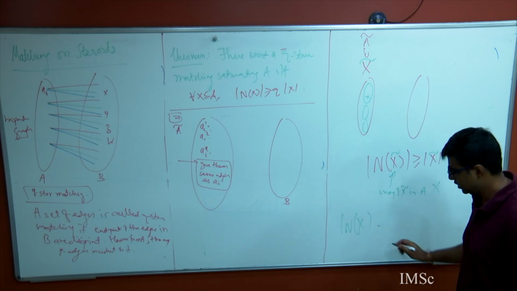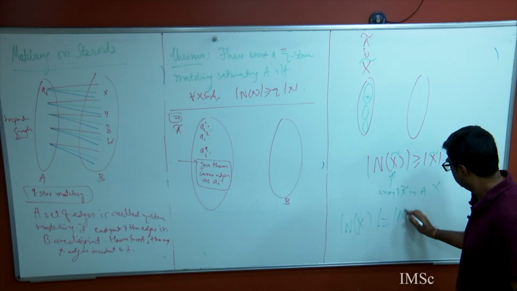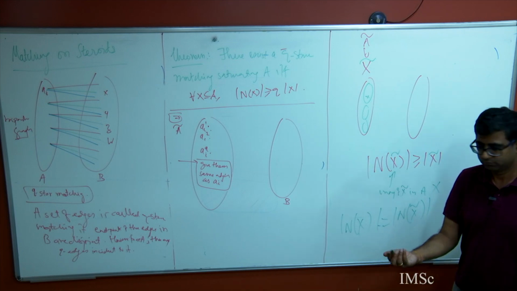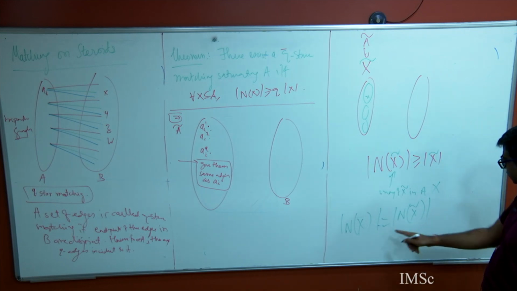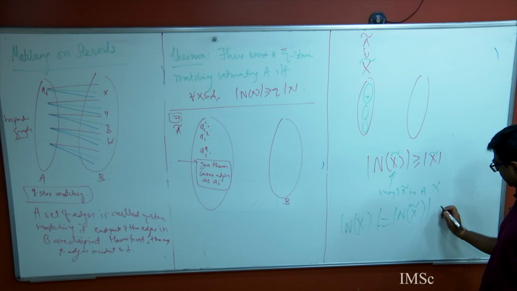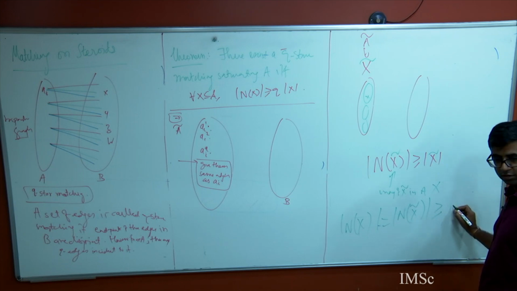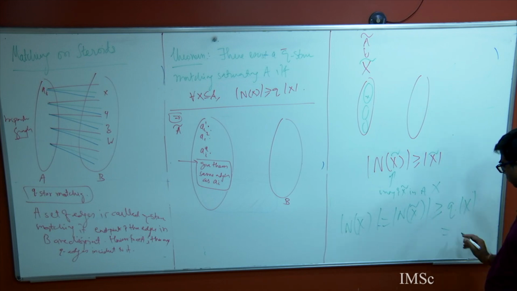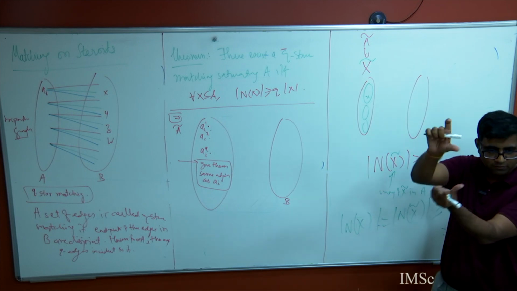N of X is equal to N of X tilde, and this is greater than or equal to q times the size of X. And this is equal to the size of X tilde, because for every x we have q copies.